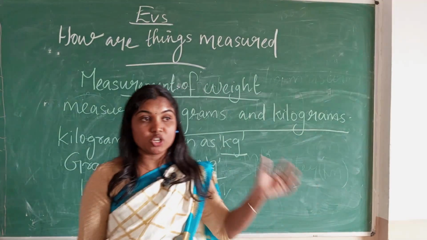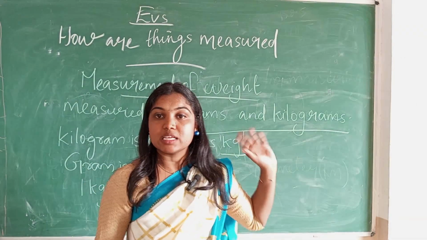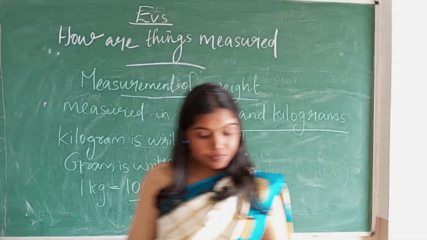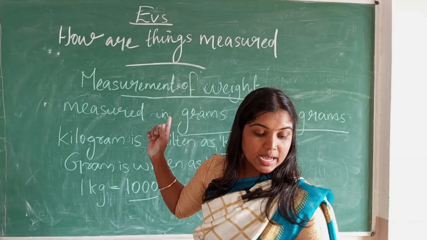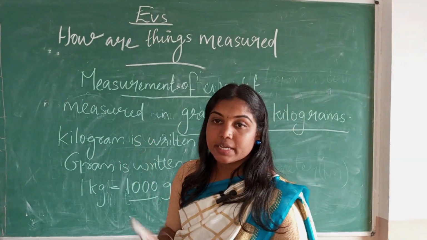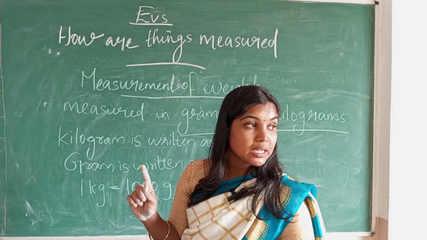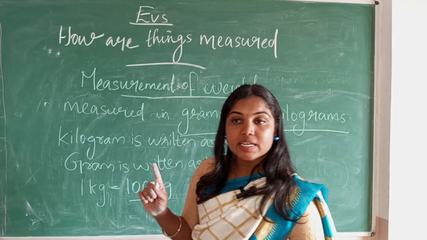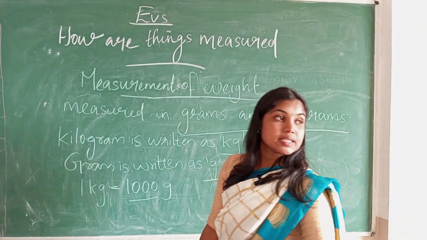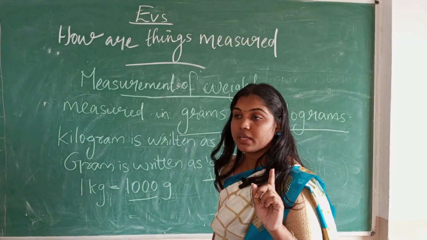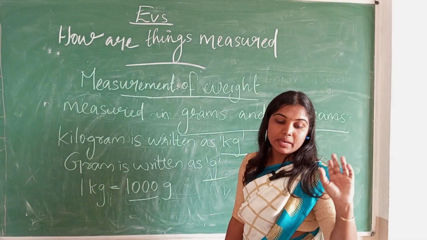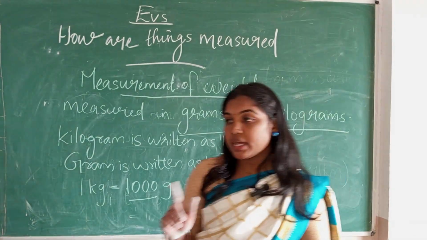We have a fixed unit for measuring things, that is meter. Meter is written as m, centimeter is written as cm. 1 meter is equal to 100 centimeter, and 1 centimeter is equal to 10 millimeter.